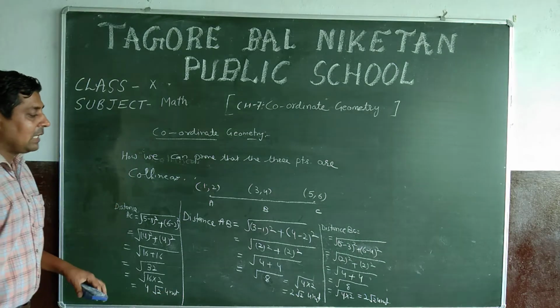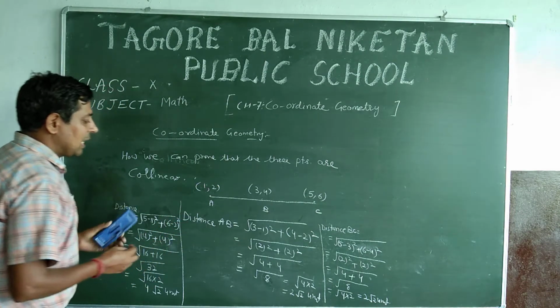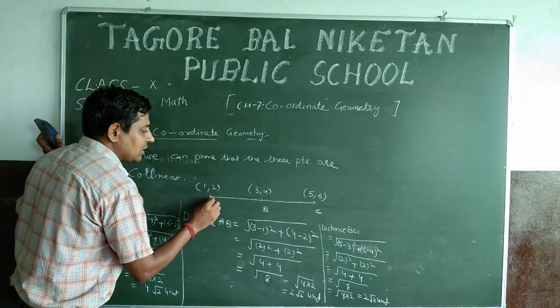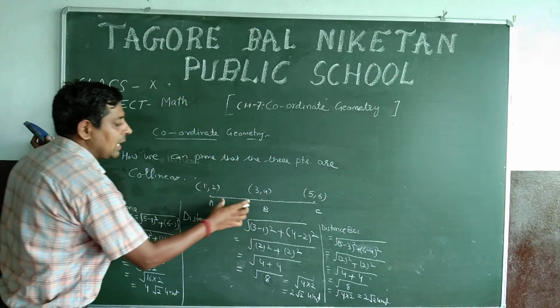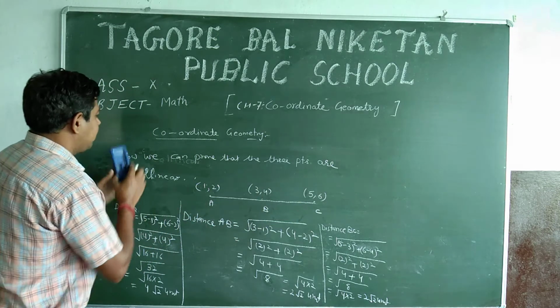Here we shall prove that distance AC equal to AB plus BC.